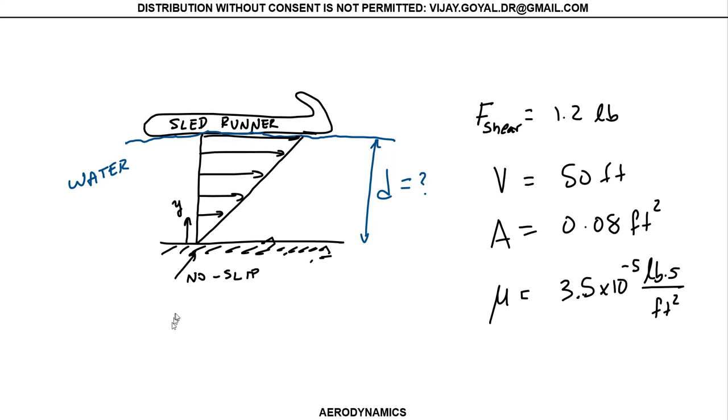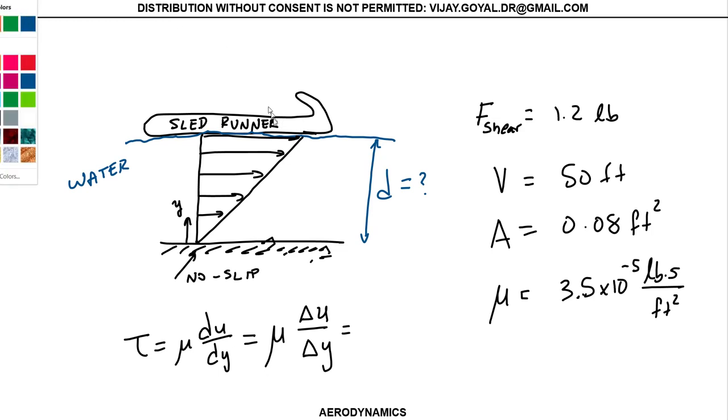So what we know in this problem is that your shear is equal to mu du/dy. We can approximate this as delta u over delta y. If I start at the starting point, the final velocity here is the speed of my sled.